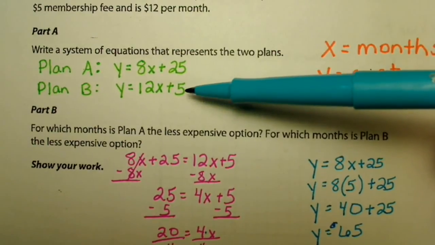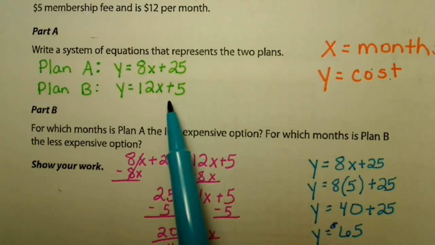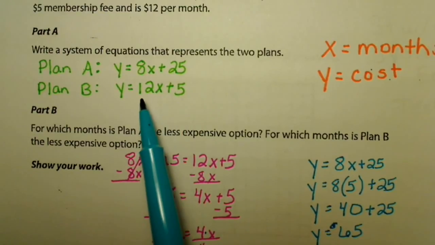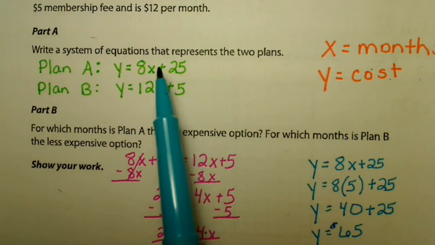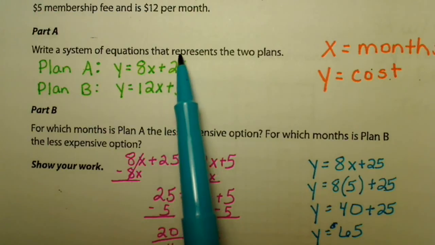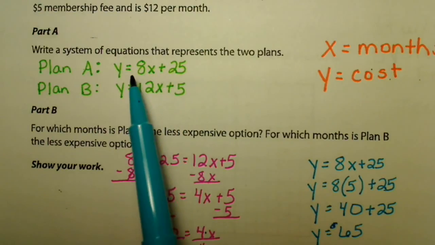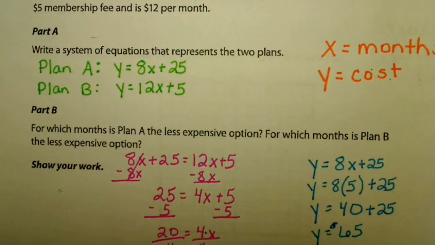This one would be less before the 5 months because it doesn't have as much of an initial value. It is a little more every month, but it doesn't have that big initial value. If you were only going to be with them for 2 months, you wouldn't want to pay that much and then $8 a month. You would want to go with that one.